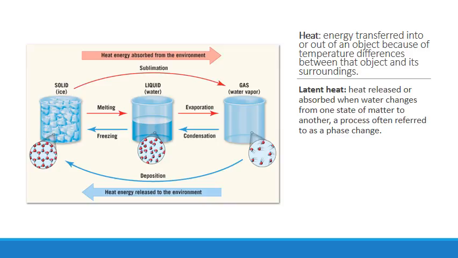This figure, which is really similar to figure 2.3 in your book, shows the phase changes that water can experience. For example, when water vapor condenses to form a liquid, it releases heat to the atmosphere. When liquid water evaporates to form a gas, it also releases heat to the atmosphere.